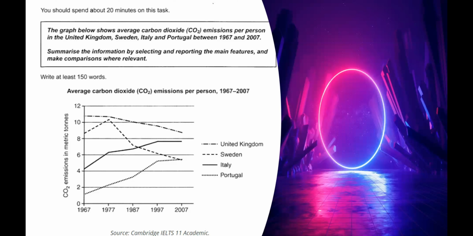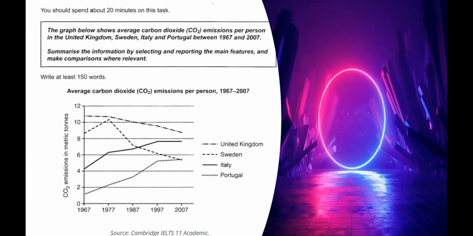Actually, this is not really difficult. You need to see these lines. I need to say about these lines. Yes, you need to say the difference between United Kingdom, Sweden, Italy, and Portugal. Just look at the left and right: 1967 shows, 2007. What is the difference? Or what is the same?